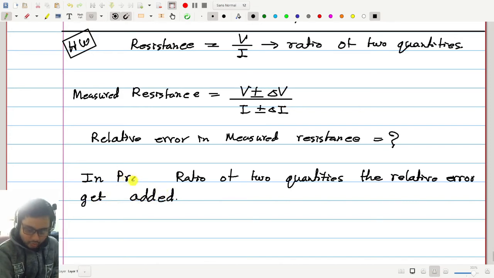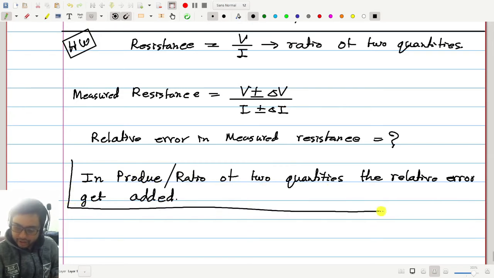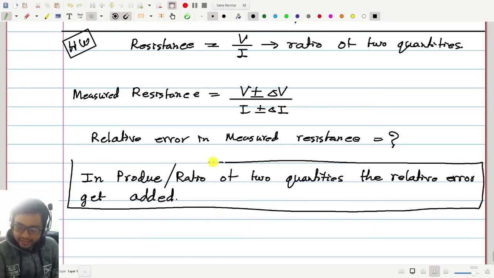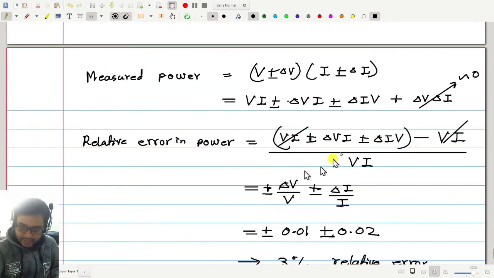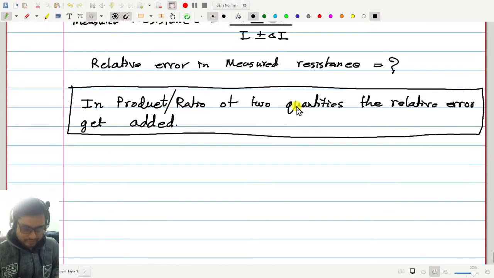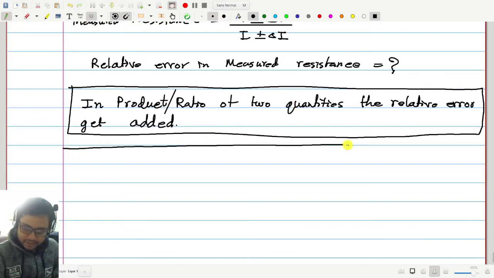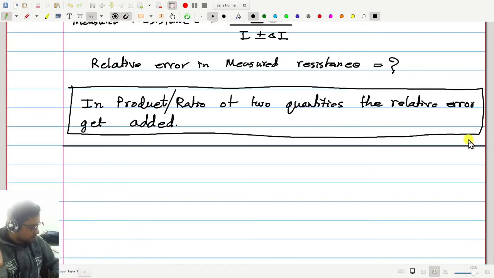So both for product or ratio of two quantities, the relative error is added. We have proved this for the product of two quantities here, and your homework is to do this for the ratio. The same process you need to apply.